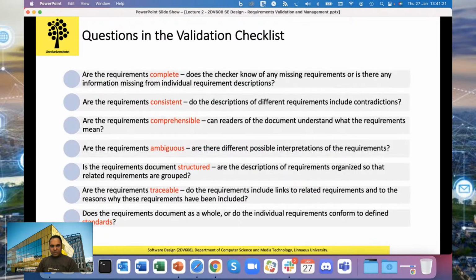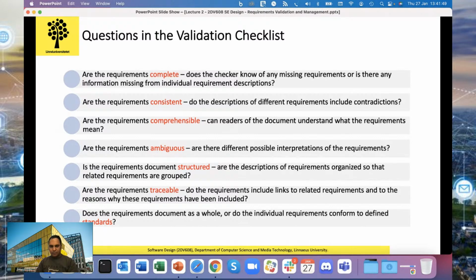So what are those questions, or what is the validation checklist? The validation checklist has these 7 questions. I think requirements analysis had 8 questions. The goal here is you ask these 7 questions for each requirement, and then make an overall assessment for that requirement.